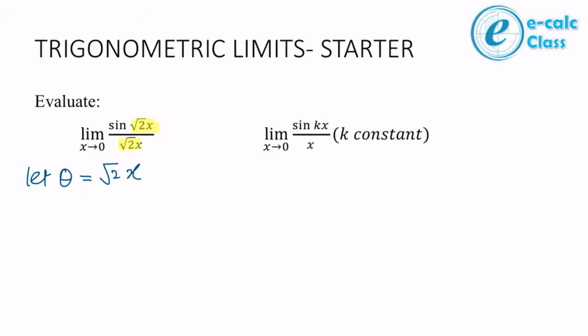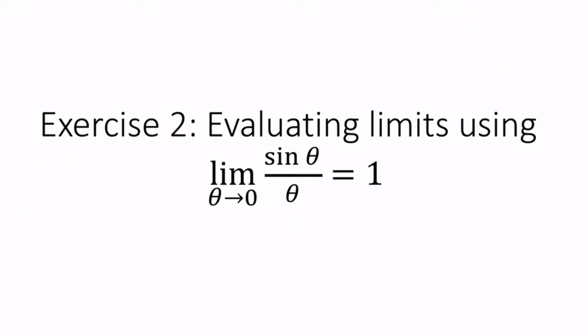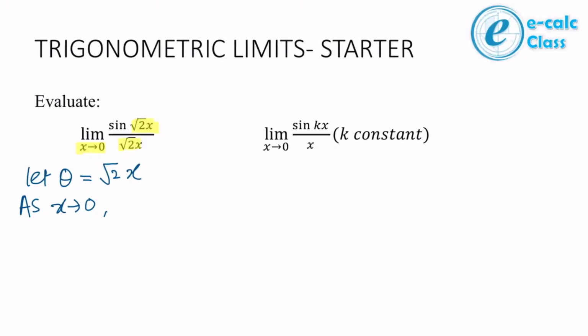Because your original question is x approaches 0, you have to check, as x approaches 0, what happened to your theta? It also approaches 0. Okay, you have to check, because it is not every time you will have a very convenient case that your theta approaches 0. But in this case it is just very nice that your theta approaches 0.